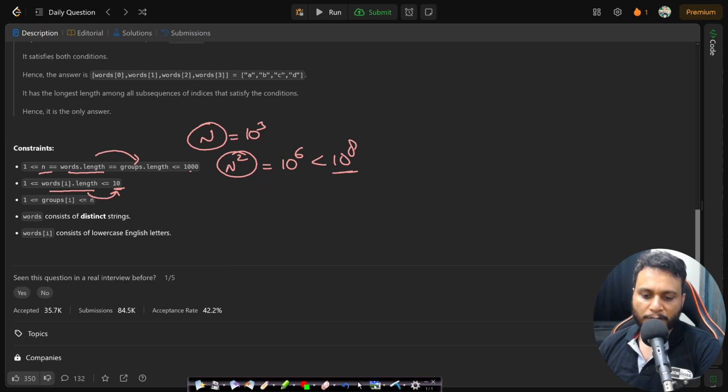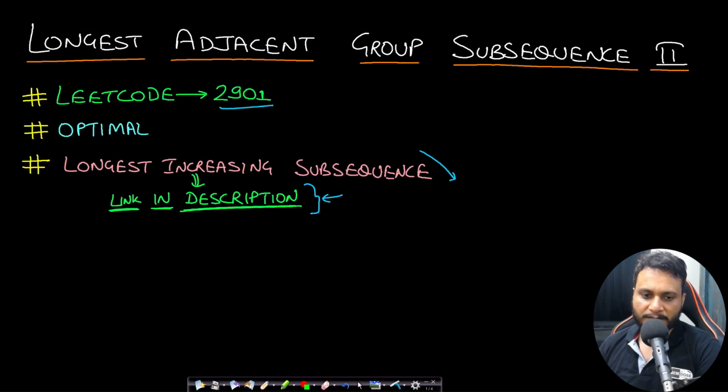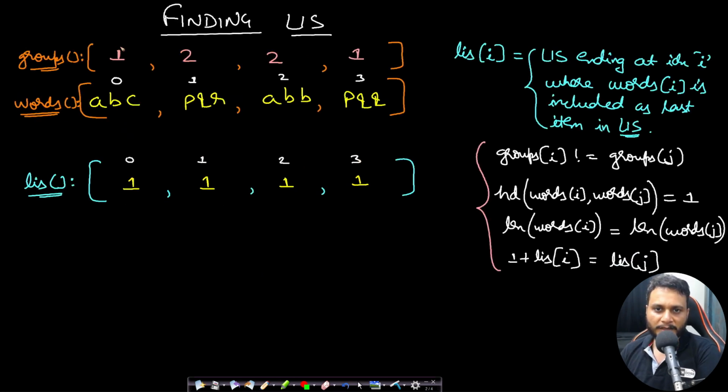Now let's see how to find the longest subsequence in this case. If you remember the longest increasing subsequence, we had the condition that when you include b after a, b's value must be greater than a and b has to be on the right hand side of a. This was the condition in the increasing subsequence.